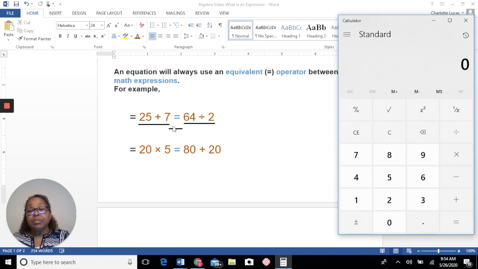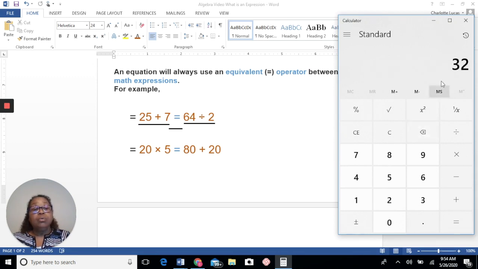Okay, 25 plus 7. And what is the answer? We hit the equal button. We get 32. Does that expression equal 32 to this expression, 64 divided by 2? This expression equals 32. Does 64 divided by 2 also equal 32?